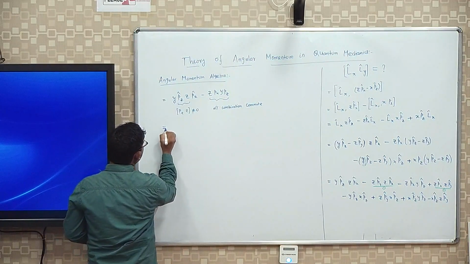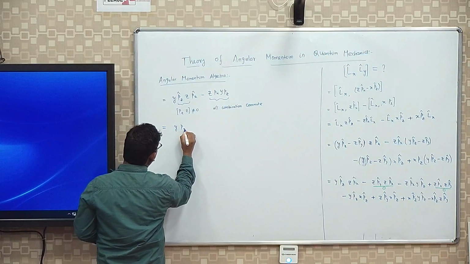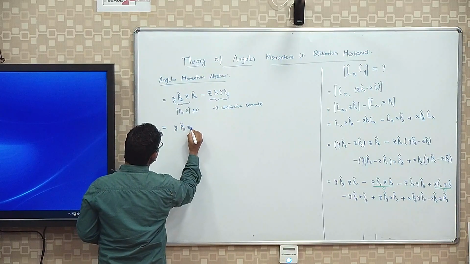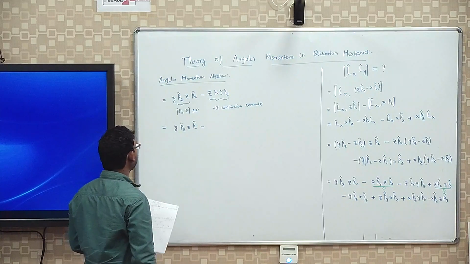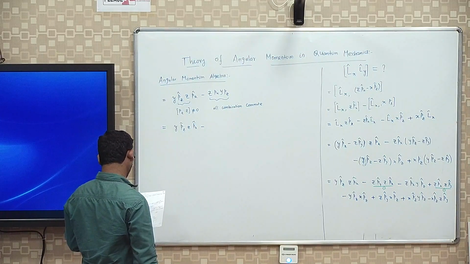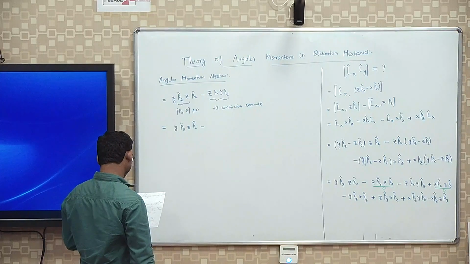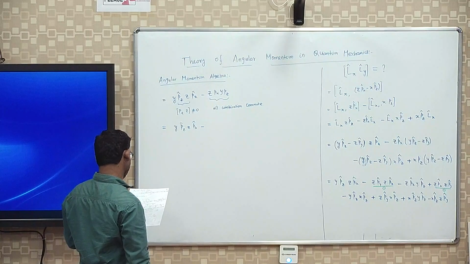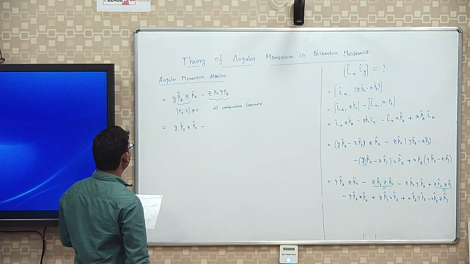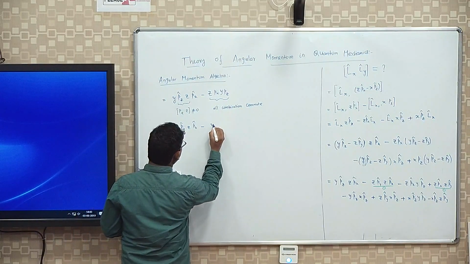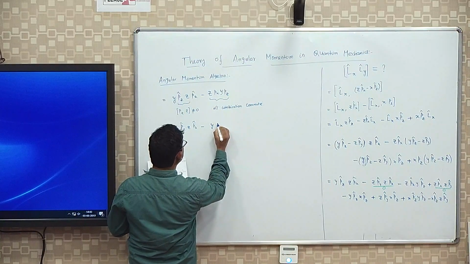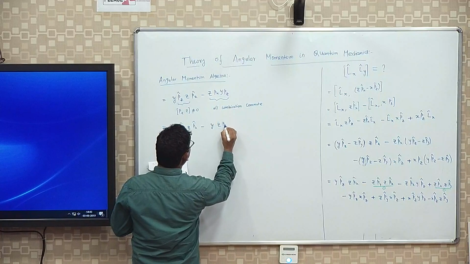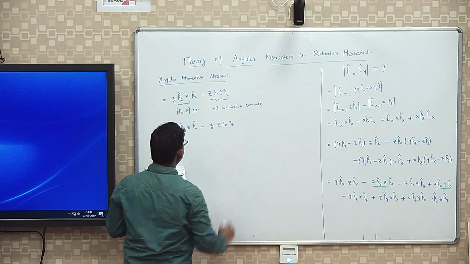So that is equal to y pz cap z px cap minus y z px pz. We are writing in this way.